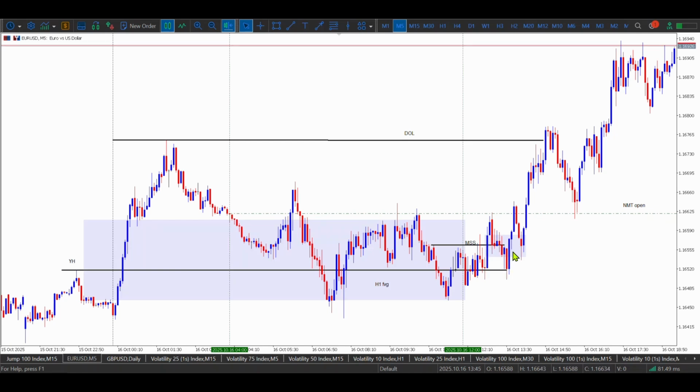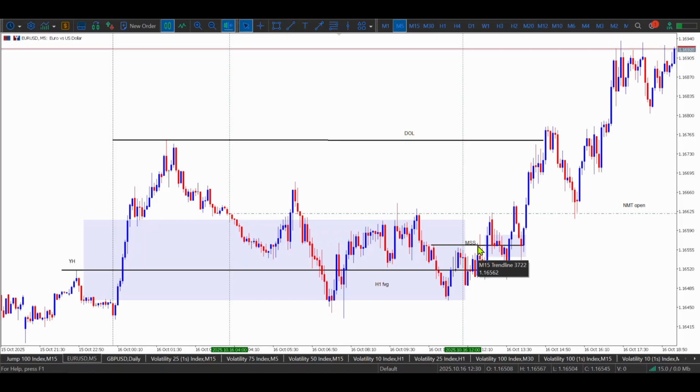We can then be buyers at the high of this fair value gap, or middle of this fair value gap, or the overlap of this short-term swing high which we broke. Okay, the market structure shift, you can be a buyer right at this market structure shift inside fair value gap and protect below this low here.